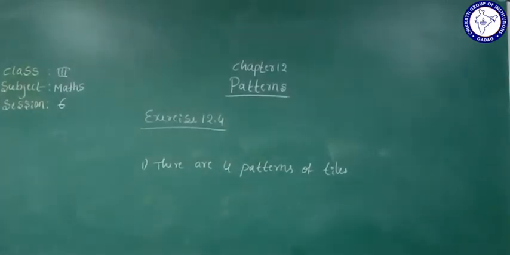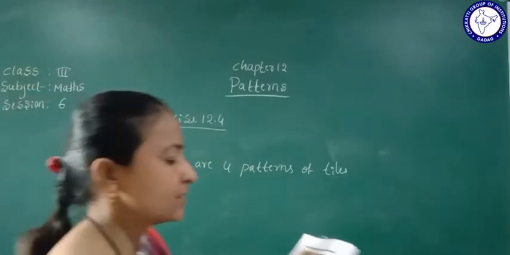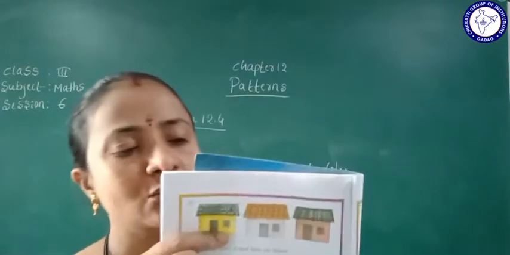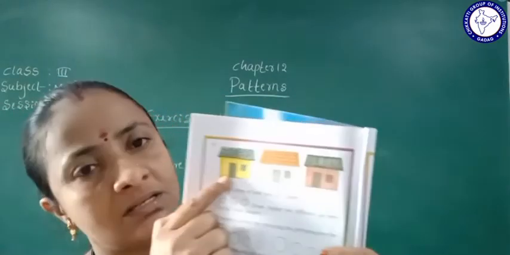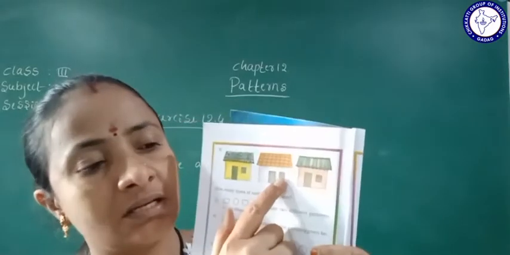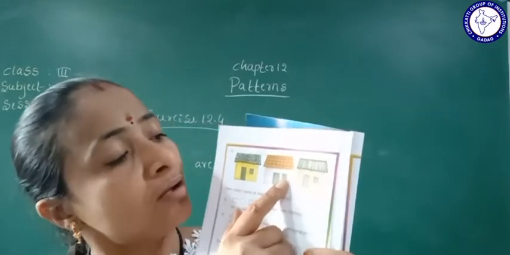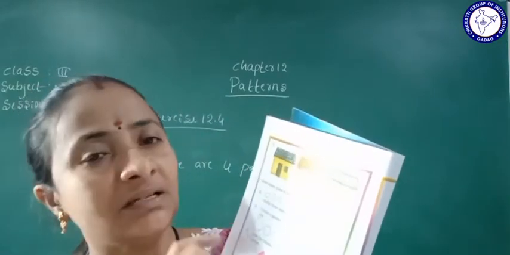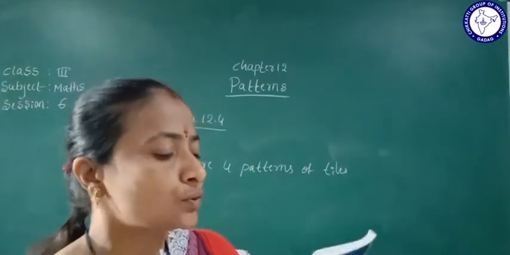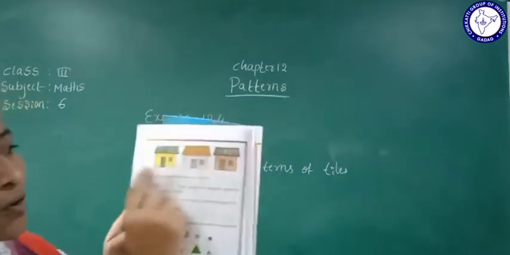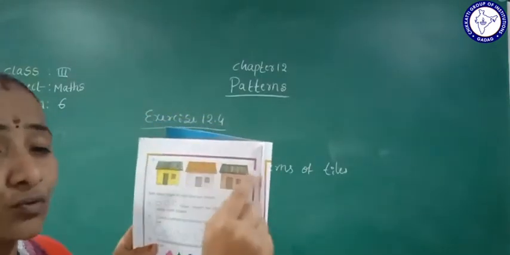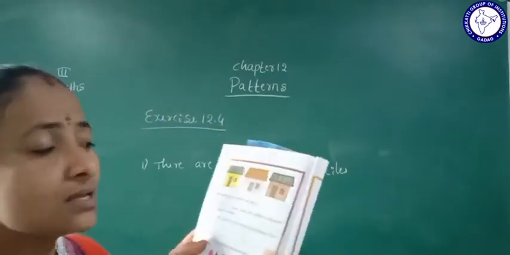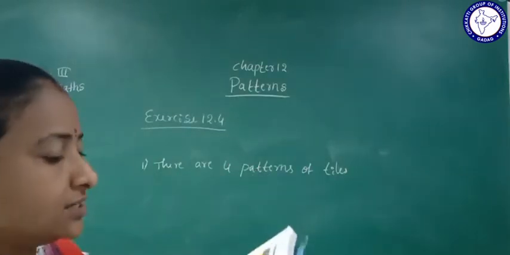That is roofs. So here see they have given roofs. See, here is a house with a different roof. Here is also a house with a different roof. Here also it is different. See, the color is also different. So totally these houses look the same, but only the roofs change. Yes, the roof design is changing.